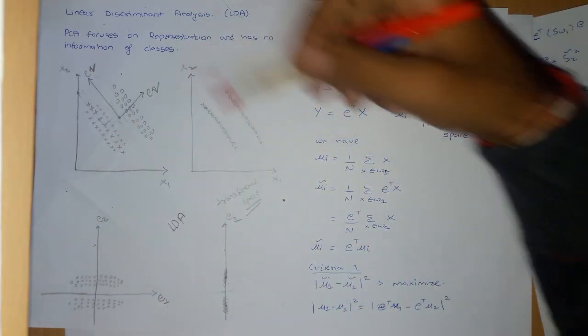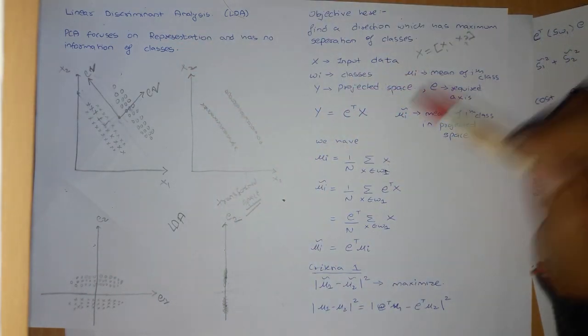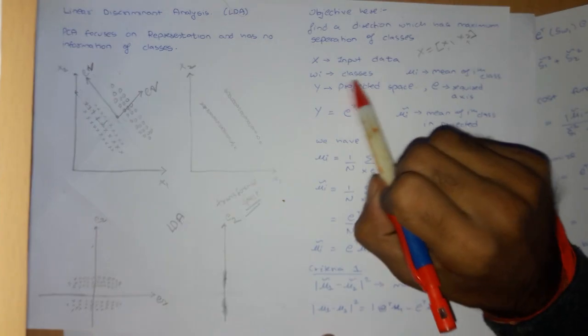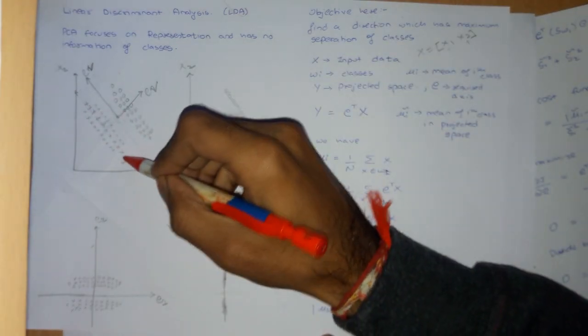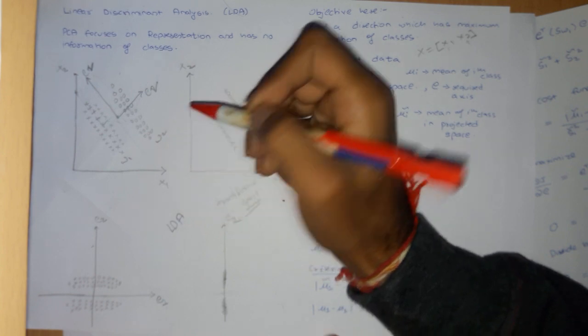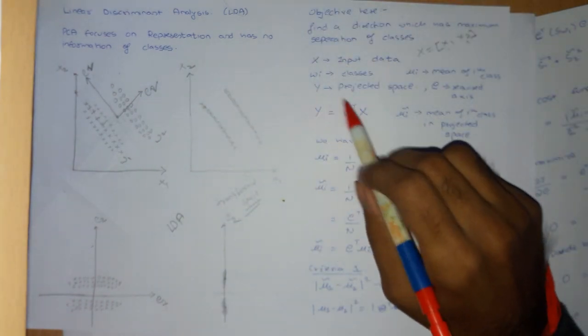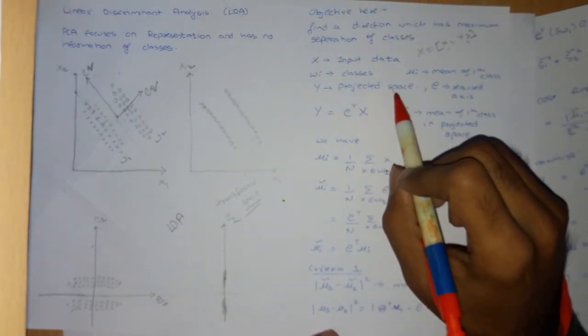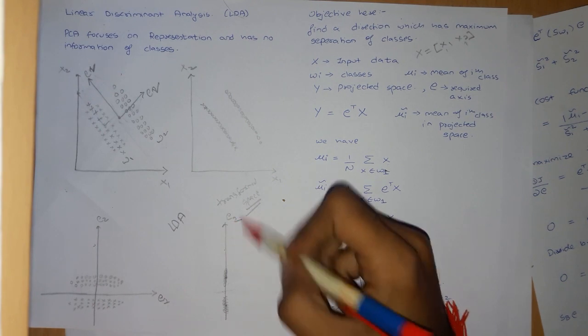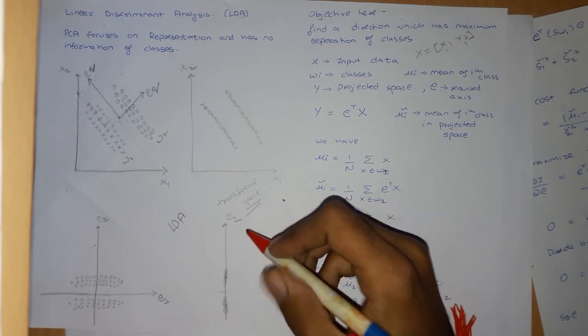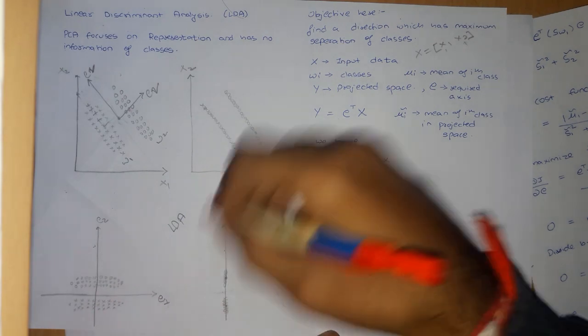These are my two features, x1 x2, that is the space. wi are the classes, so this can be w1 class 1, this is w2. Y is the projected space. This E2 space, I am naming as Y. This is my Y space.